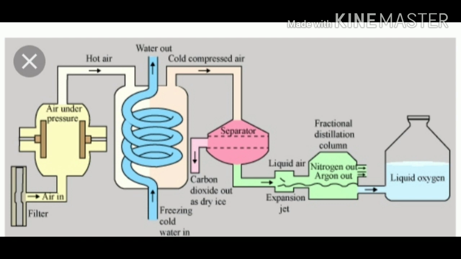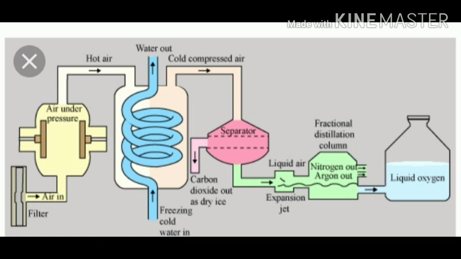From this separator, liquid air is passed through this compartment through the jet. From the expansion at the jet, the liquid air forms gases. Nitrogen gas separates first, on warming the air a little, because it has a low boiling point, and then argon separates.